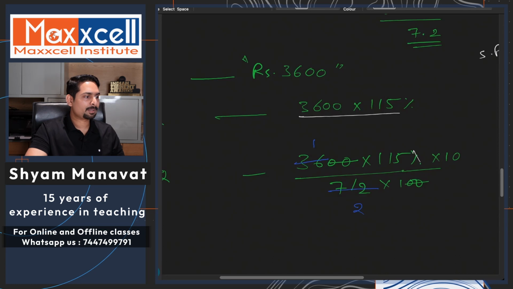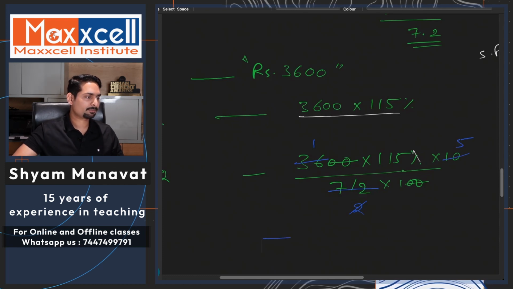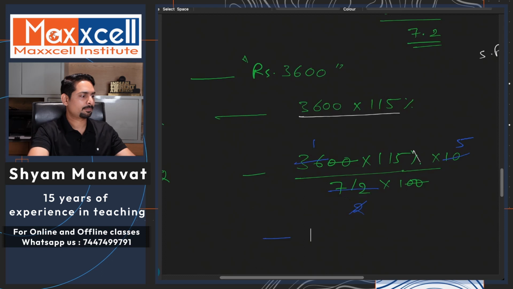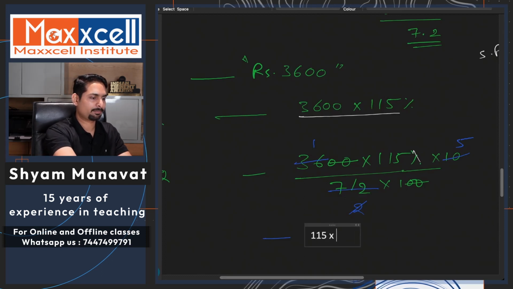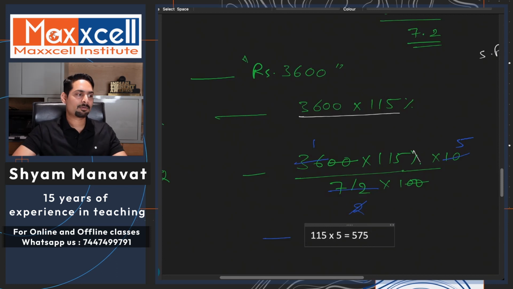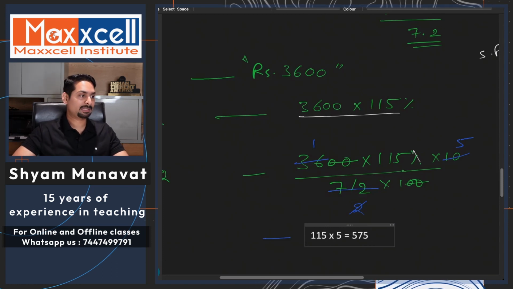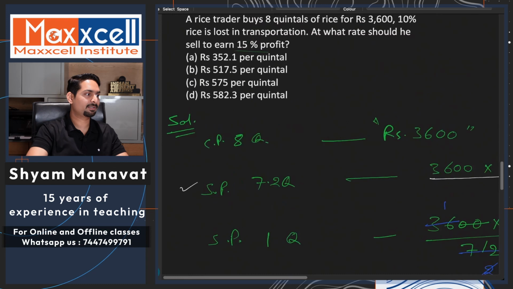Here we can say 2 fives are 10. So the selling price should be 115 multiplied by 5. That will give you 575 rupees per quintal. Do we have that in the options? Yes. Option C should be the answer.